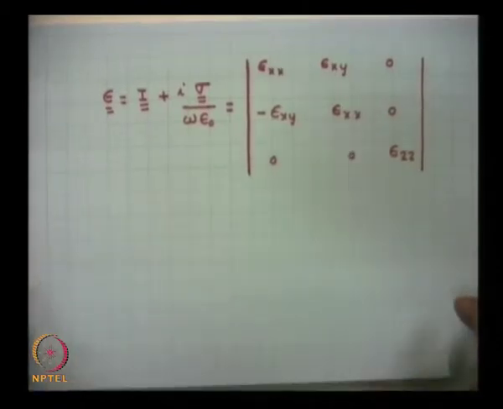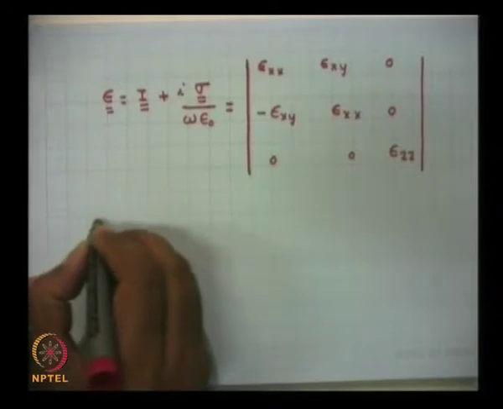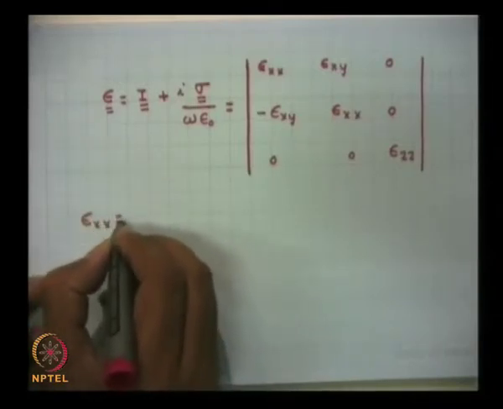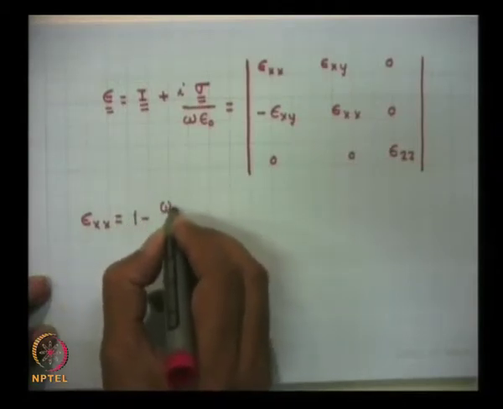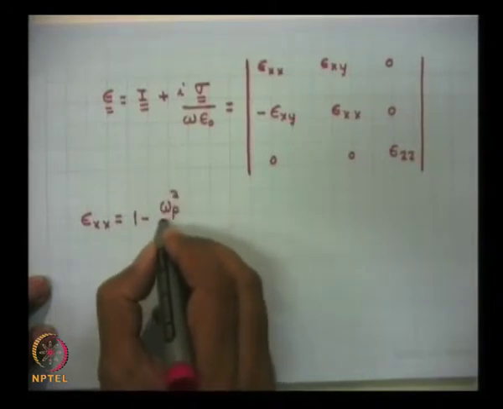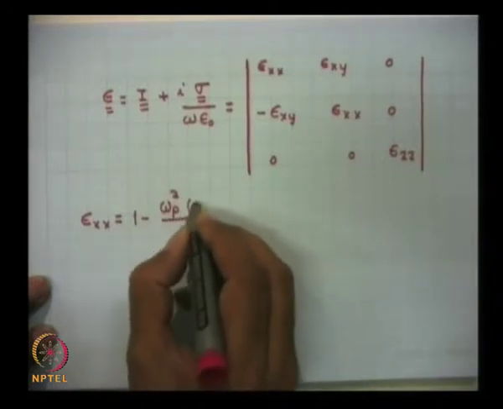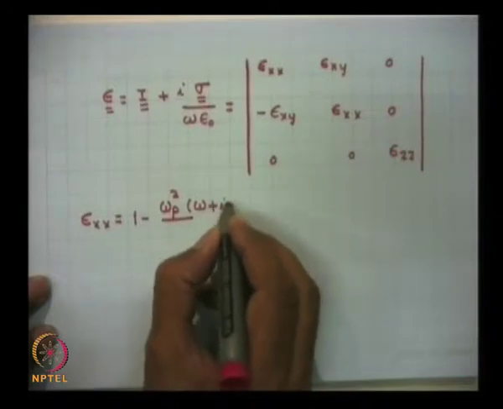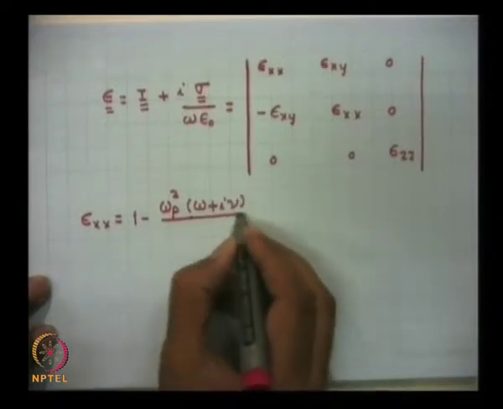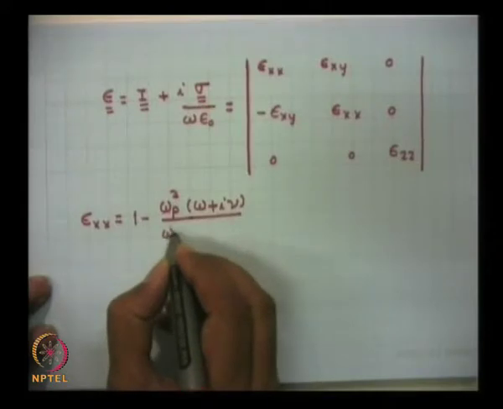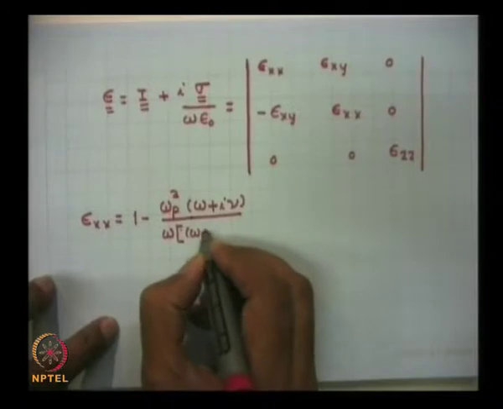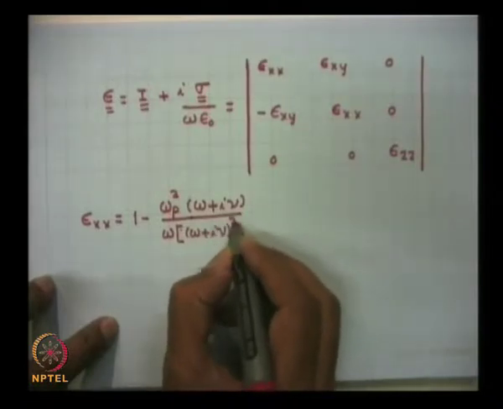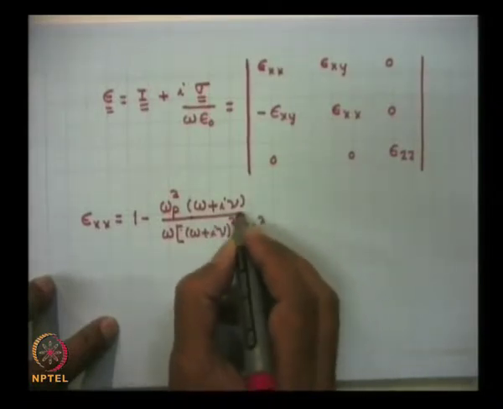Now, let me explicitly write down this expression for epsilon xx, including the motion of ions together. It is equal to 1 minus omega p square multiplied by omega plus i nu, divided by omega into (omega plus i nu) square minus omega c square.